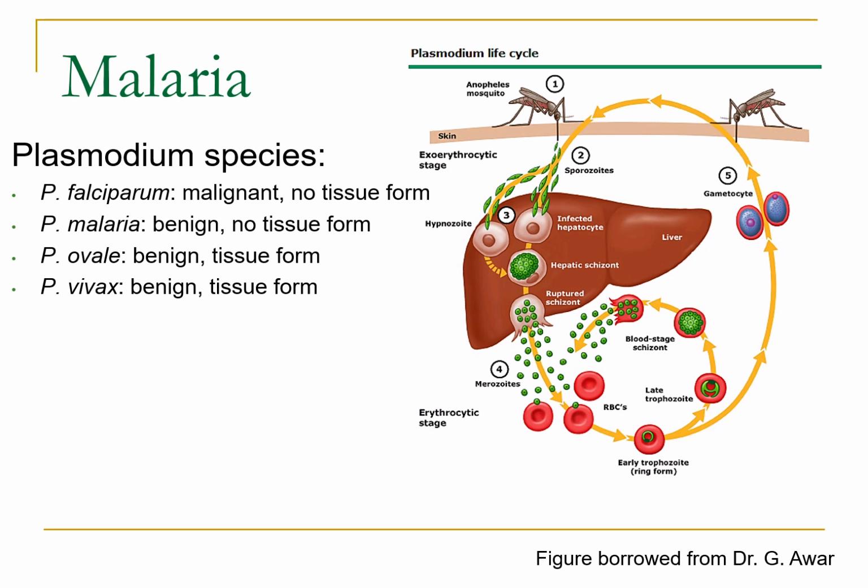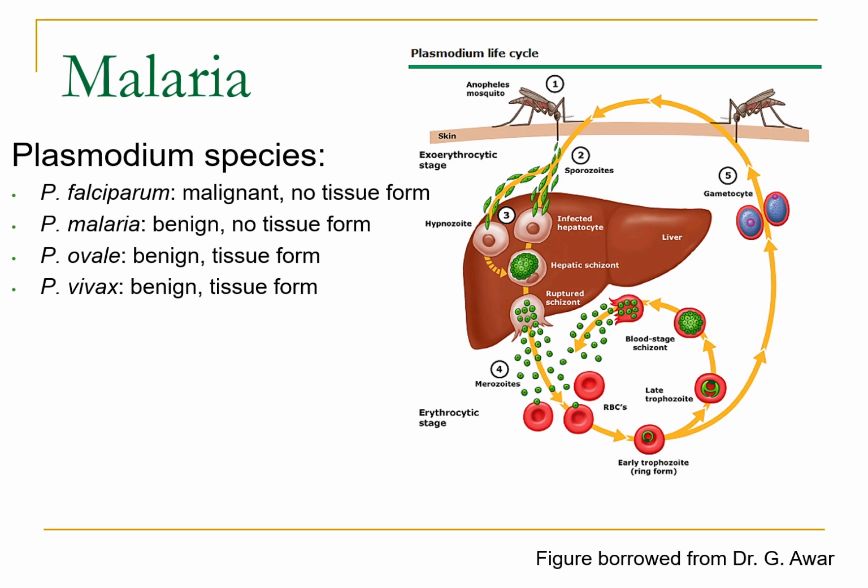Now, just to remind you a little bit about the Plasmodium life cycle. We start with a sporozoite from the Anopheles mosquito, and then this will go to the liver, into the hepatic cells, the hepatocytes, and then we would have a ruptured schizont where the merozoites would be in the blood. They infect the red blood cells, and this goes into a cycle of early trophozoite followed by late trophozoite followed by the blood stage schizont, and then we'll have rupture.